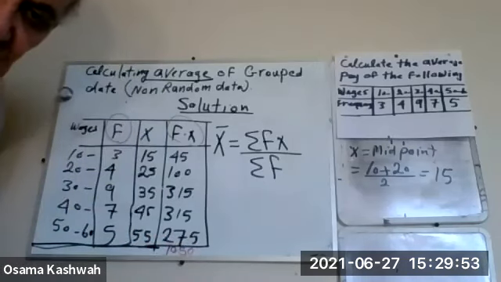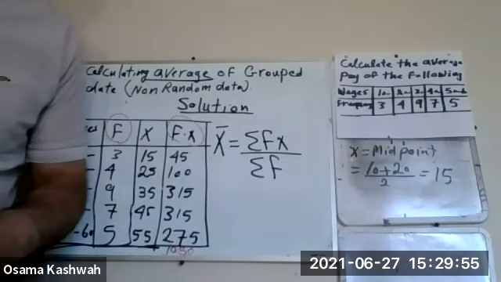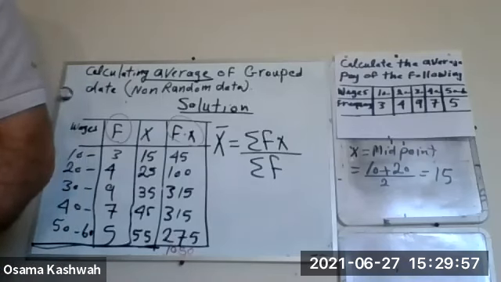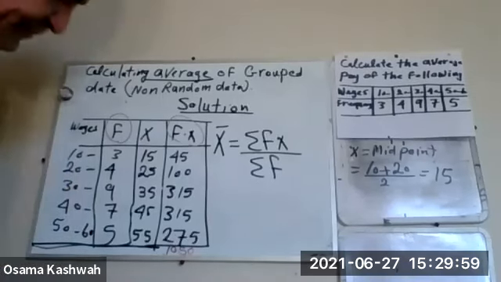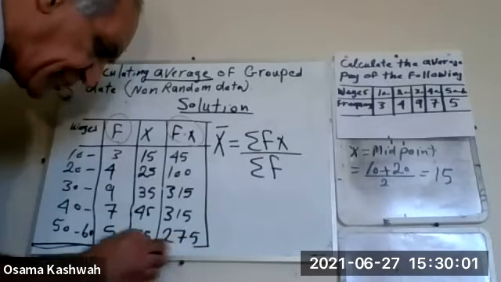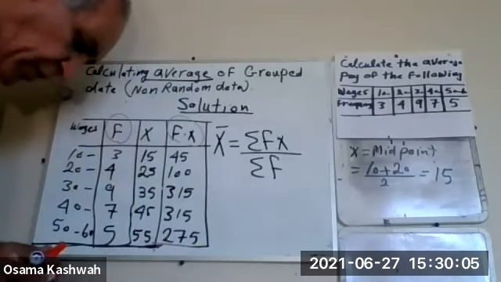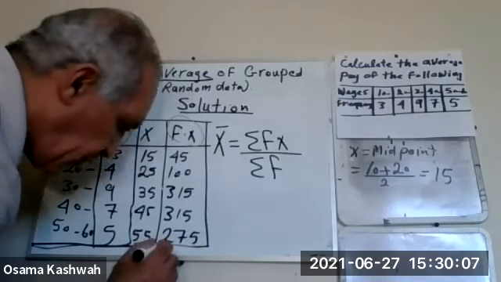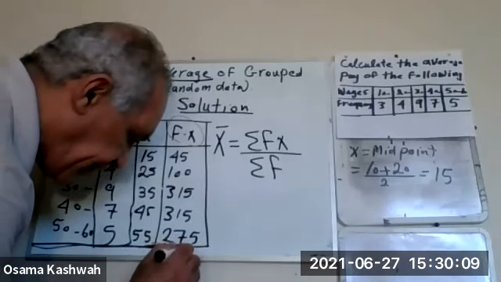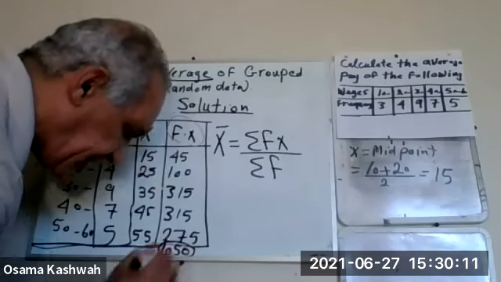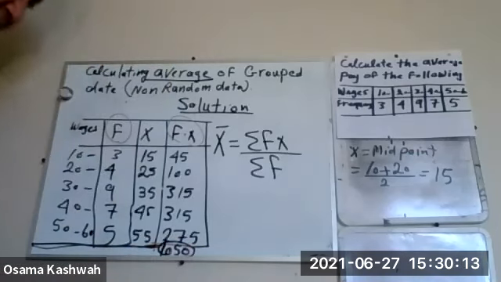You guys can see it? 1050. Let me write it with another pen, with another color, and let it be clear. The summation of all this amount is 1050.